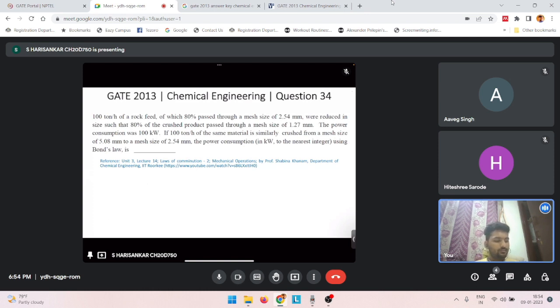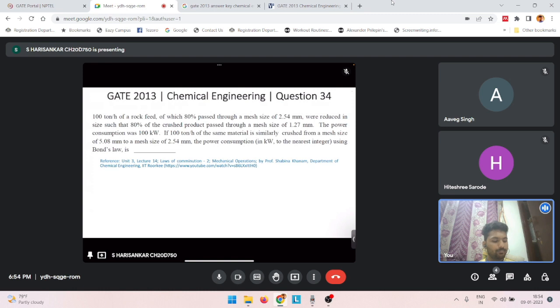This is a question from chemical engineering from GATE 2013, question number 34. 100 ton per hour of a rock feed, of which 80% passes through a mesh size of 2.54 millimeter, was reduced in size such that 80% of the crushed product passed through a mesh size of 1.27 millimeter.